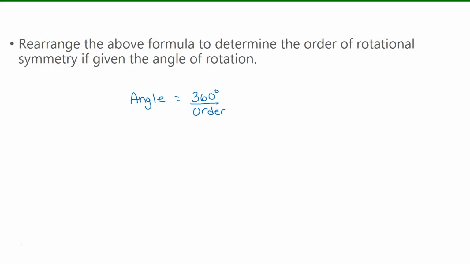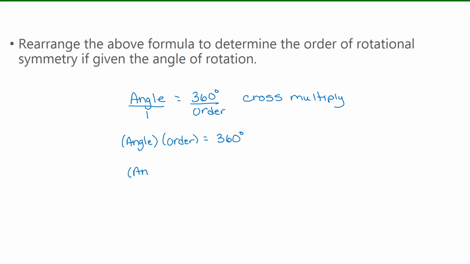So now if I'm trying to rearrange this formula to solve for the order, I'll start by cross multiplying. We can put that over 1. So now the angle times the order is equal to 360 degrees times 1, which is 360 degrees.